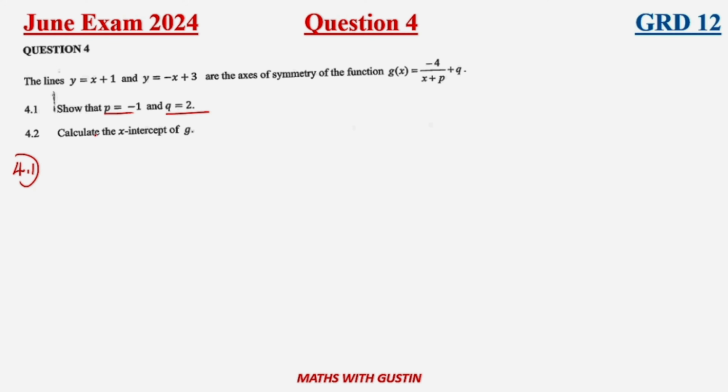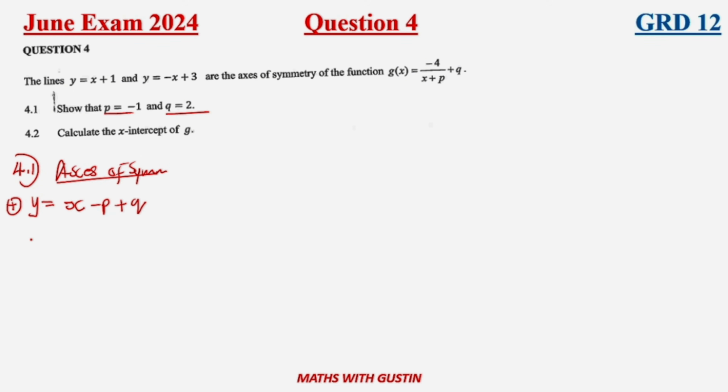You would remember, guys, when we're talking about axes of symmetry, these equations are generally given by this equation here. If they ask you to find the one for the positive gradient, this is what you would use: y equals positive x minus p plus q.